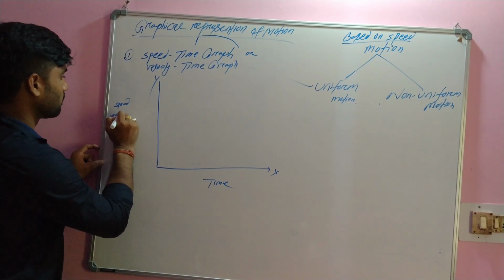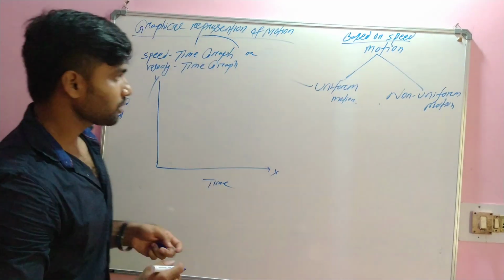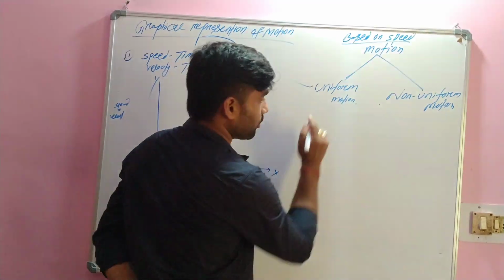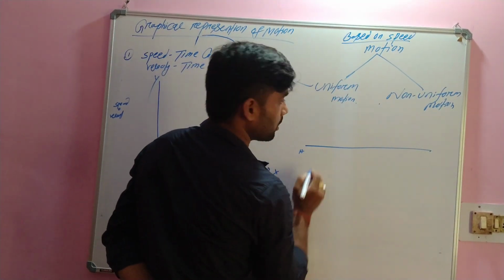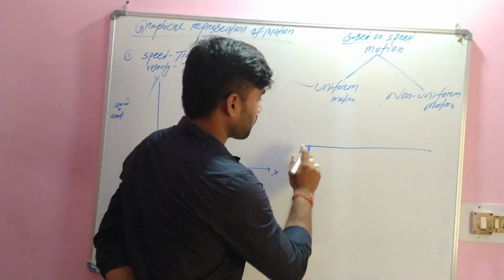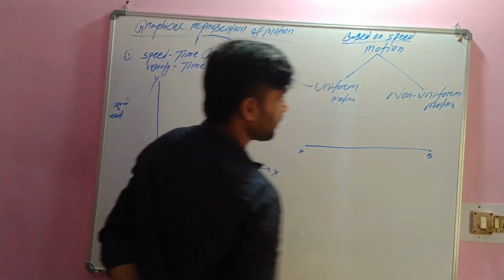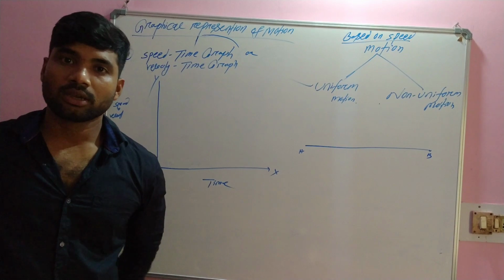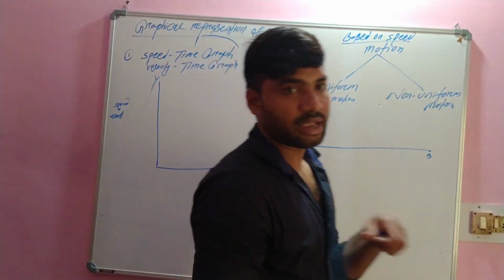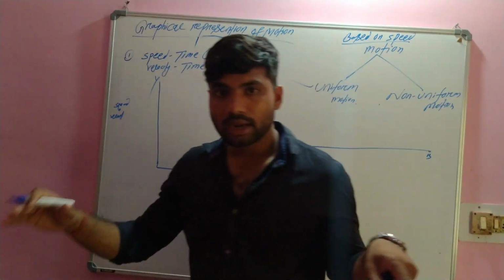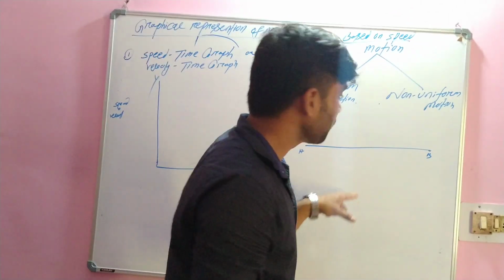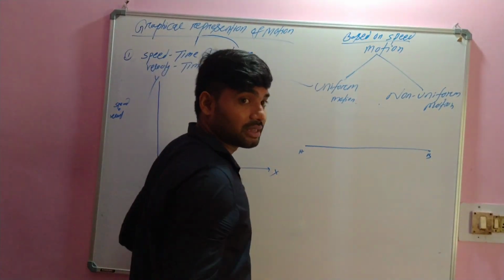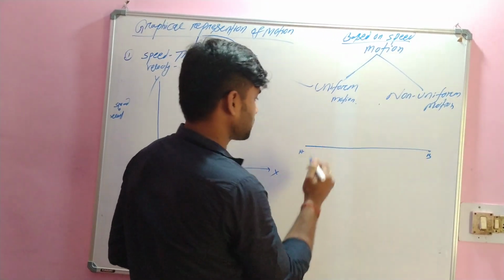For uniform motion, an object started from point A and moves from point A to B. Uniform motion means the object covers the same distance in the same interval of time, and the speed is constant.